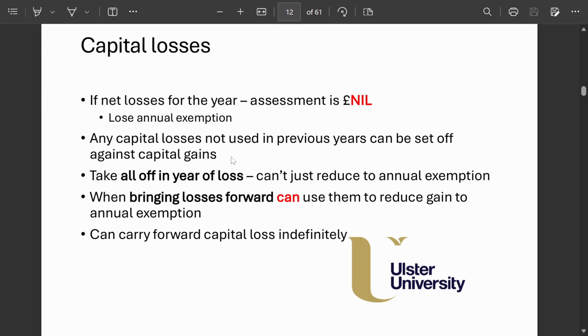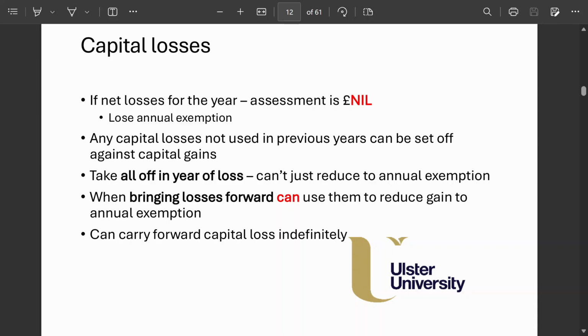Then you can use carried forward losses. So if you have a loss, you can't just reduce it to the annual exemption. You have to take out the whole loss. When you're bringing losses forward, if it's a loss in the current year, you have to take all of the loss.